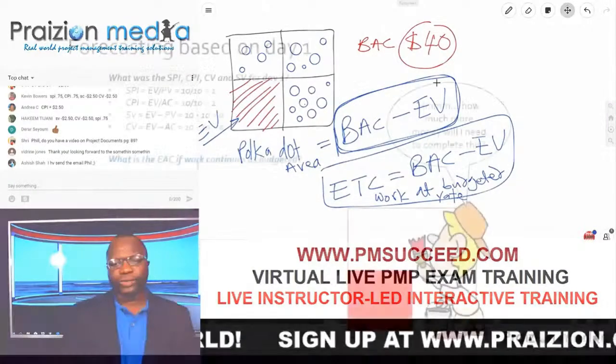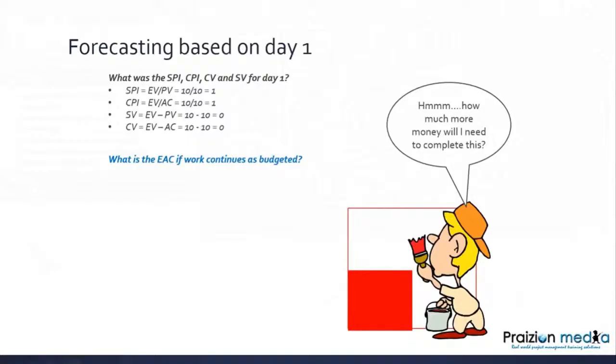Okay? So folks, if we go back to our image here, what is the EAC if work continues as budgeted? The formula for this, based on what I just showed you, is the EAC is going to be equal to the actual cost plus the budget at completion minus the EV.